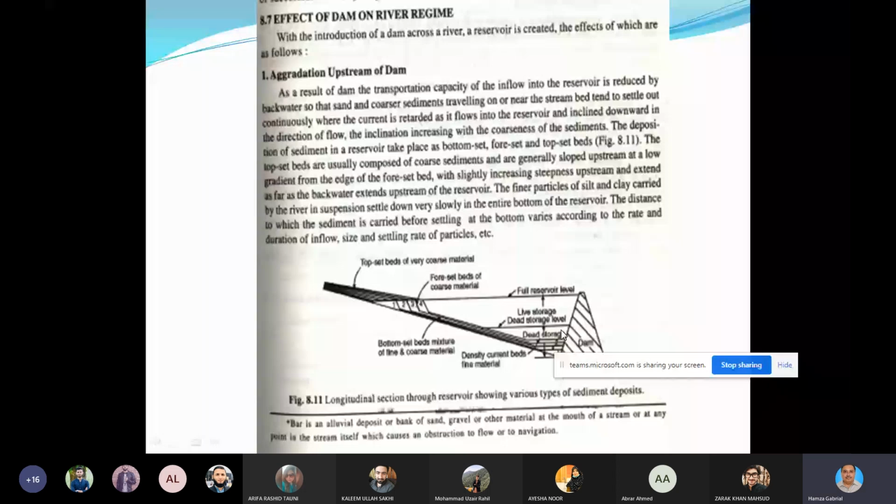So when you construct a dam across a river, first of all, aggradation starts at the upstream level.